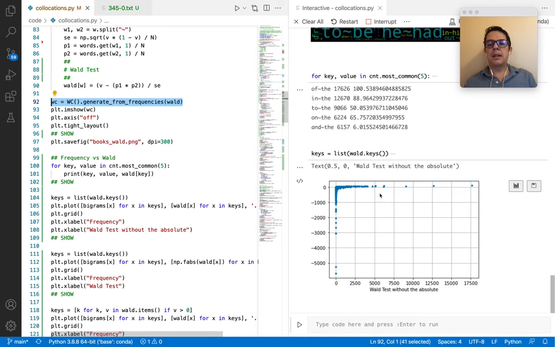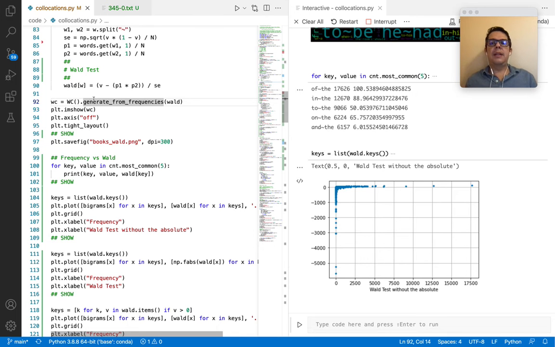So let me try to create this. I mean, we didn't filter the negative ones, but the word cloud is focusing only on the positive. The negatives are just very, very low numbers. That is what is happening. Internally, this library is normalizing everything from 0 to 1, so a negative number is very, very close to 0.